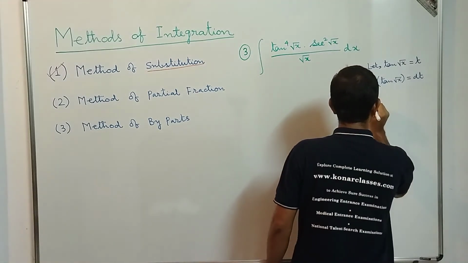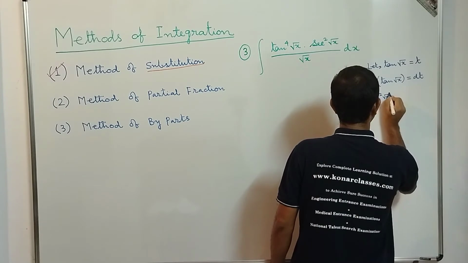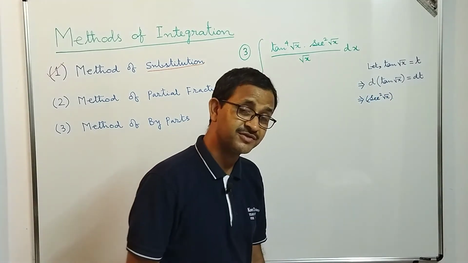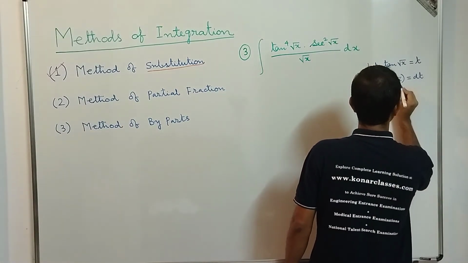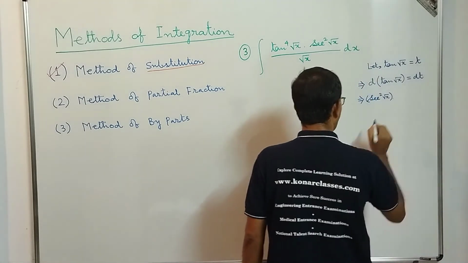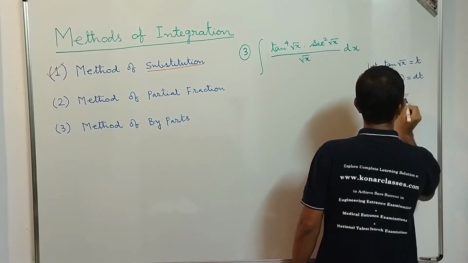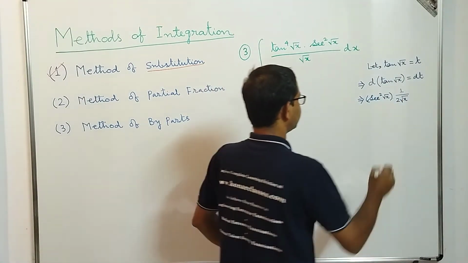First it has to be sec square of square root of x into d/dx of square root of x. That is the chain rule. So d/dx of square root of x is equal to 1 by 2 square root of x. Correct or not? Into dx.